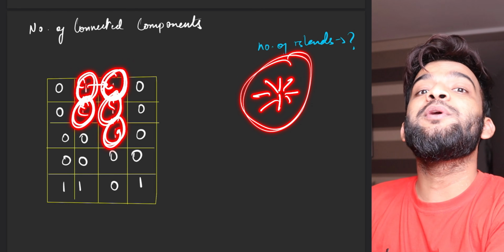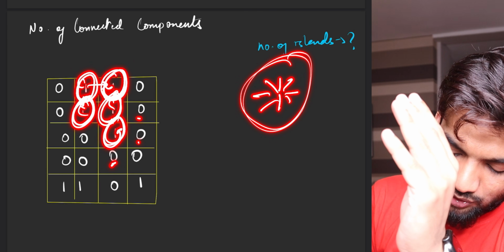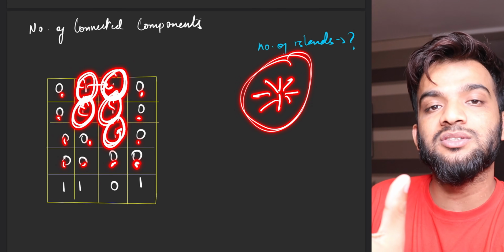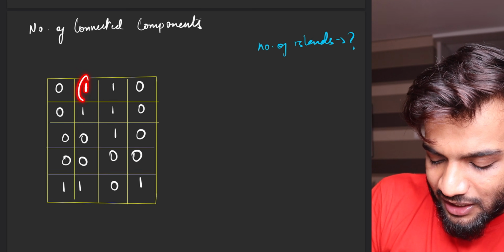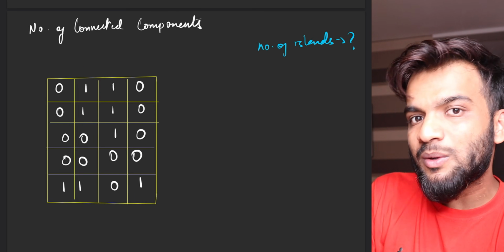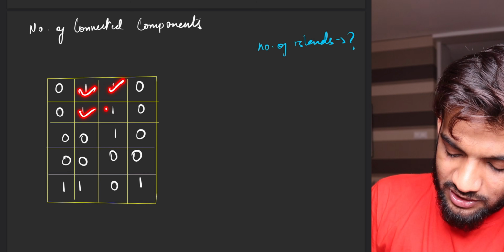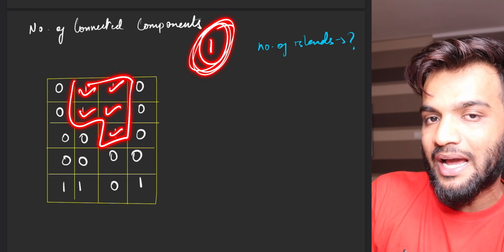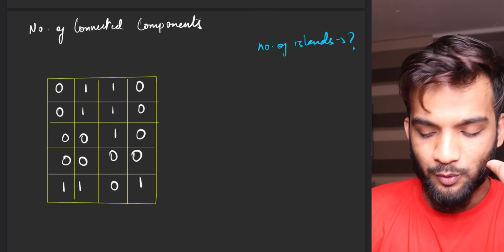They cannot go beyond this because there are 0s all over. So if you do a traversal starting from this one, it will go and touch all of these guys.